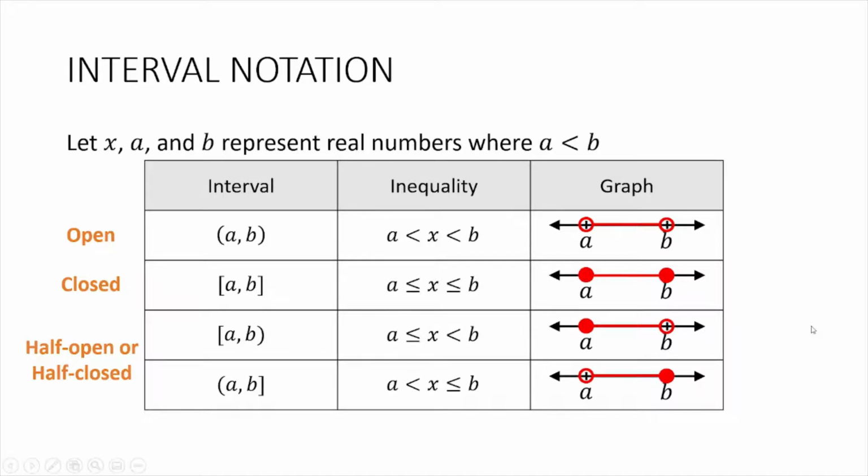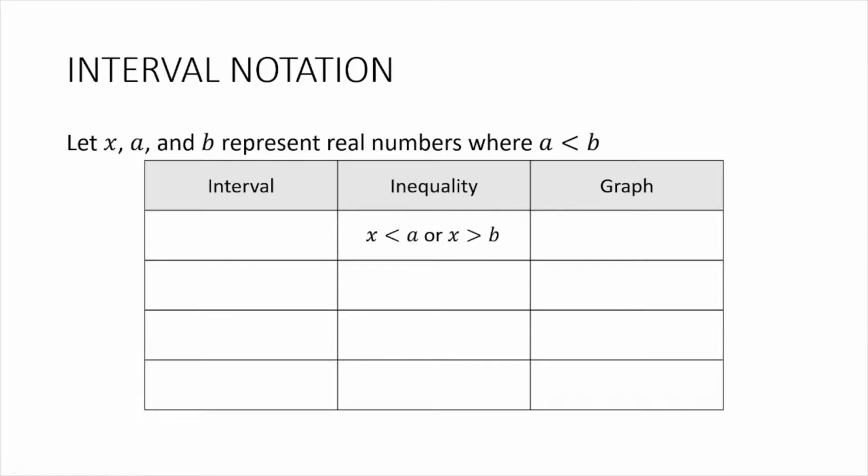Next, what if we have, for instance, x less than a or x greater than b? Let's consider first the first inequality. From a, excluding a, this is all real numbers less than a, so we include all those real numbers to the left of a, going to negative infinity, excluding a.